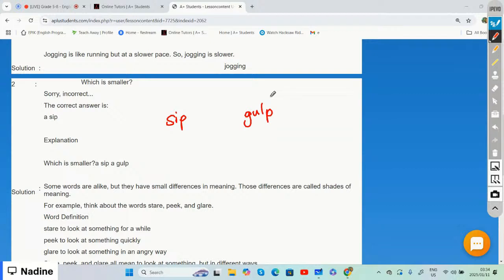All right. And if we were to choose the one that is smaller, then taking a sip is smaller, sip, sip, sip, instead of a gulp. A gulp is like you can take one go and everything is finished.